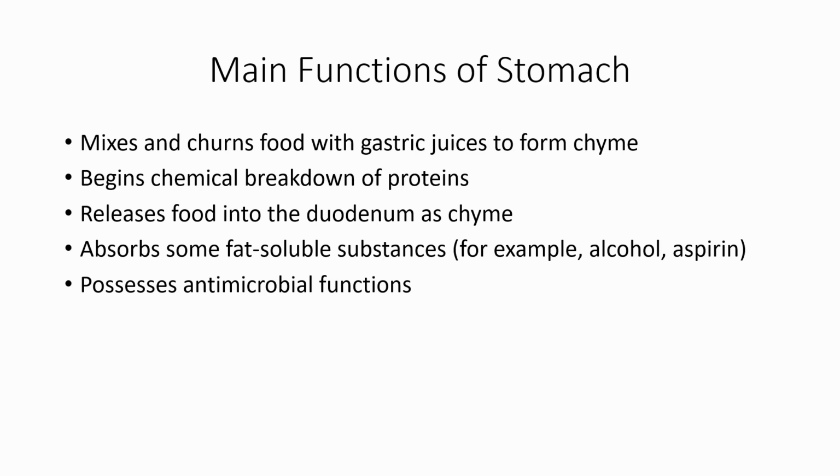And we're going to start another chemical breakdown process, this time of proteins. So we've already started breaking down some lipids, some carbs, and some proteins. The stomach will then slowly empty, slowly releasing food into the duodenum in the form of chyme.